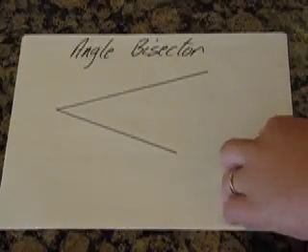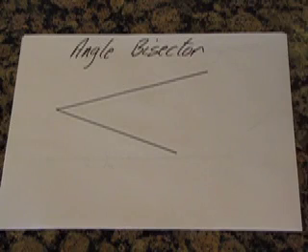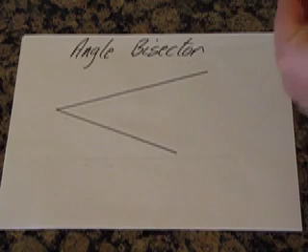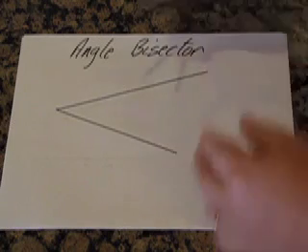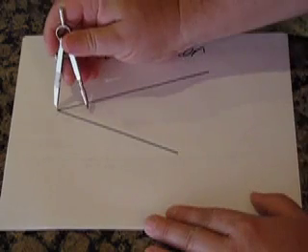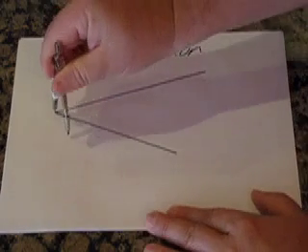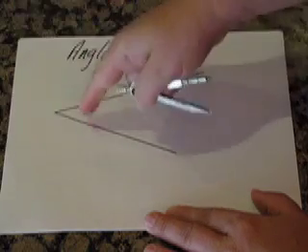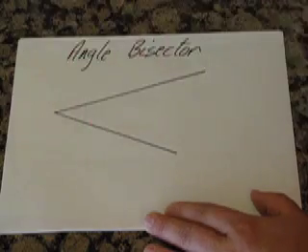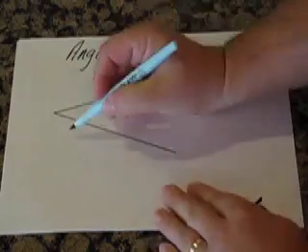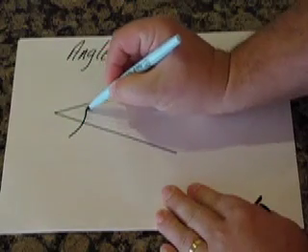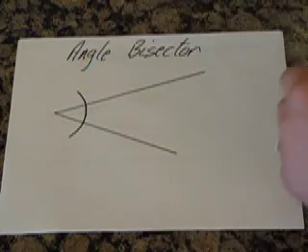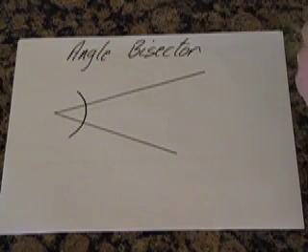And what I want to do is cut the angle in half. We do that by taking our compass and placing the point on the vertex, and we just measure out equal distances. So these two points, where it crosses the angle, are an equal distance from the vertex.